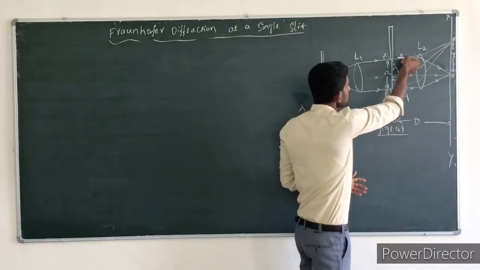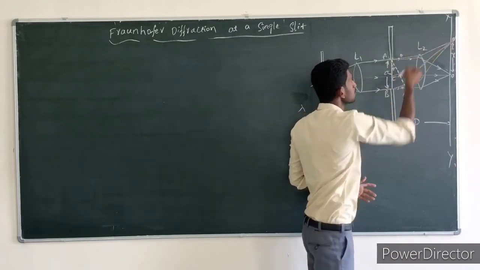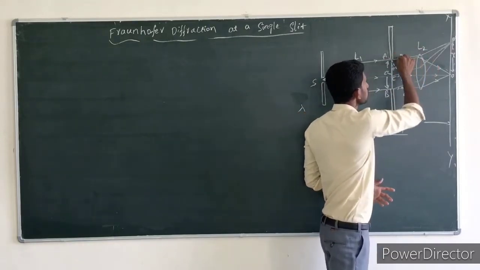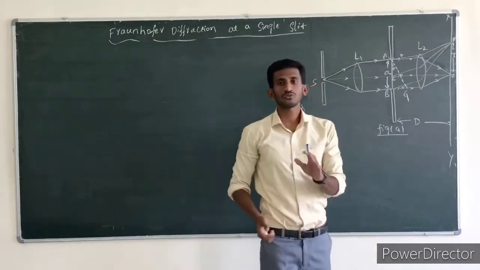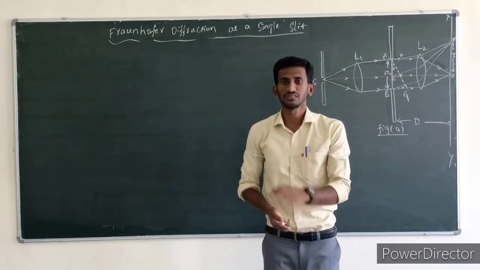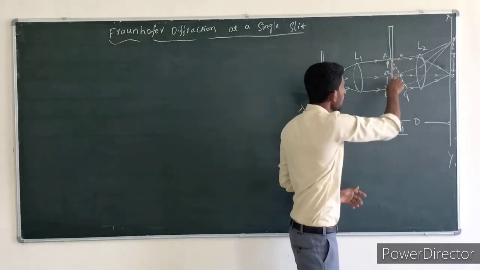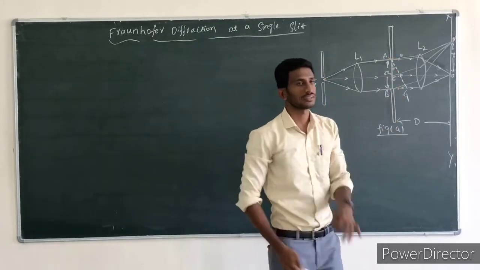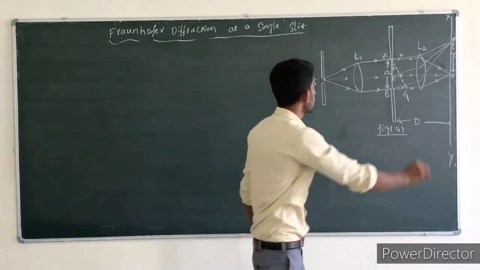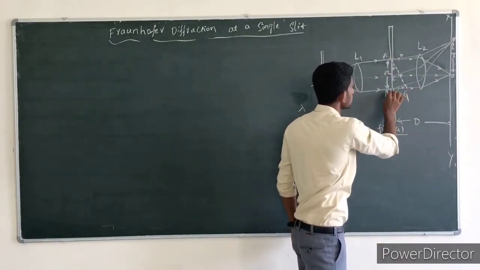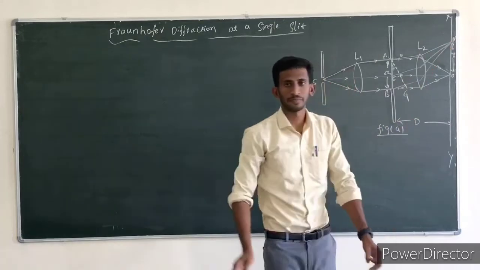So this is the normal. Now, if I want to find the path difference between A and B to reach the point P, we have to draw AG perpendicular to BP.